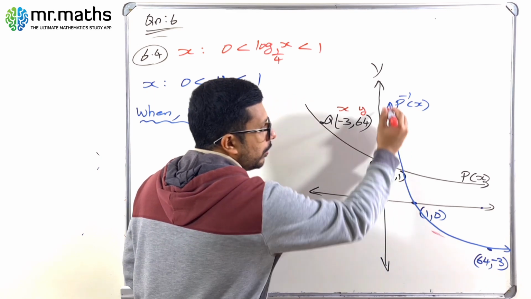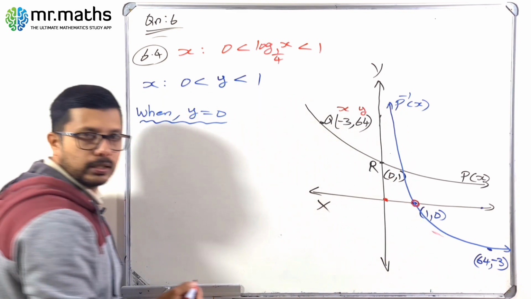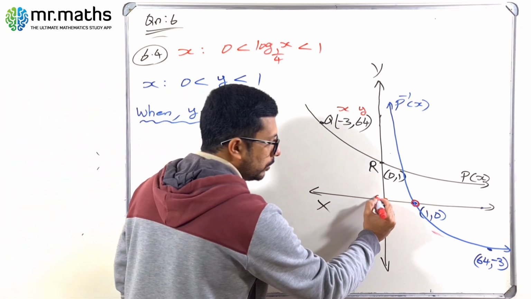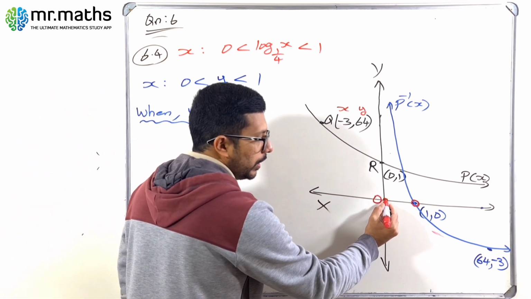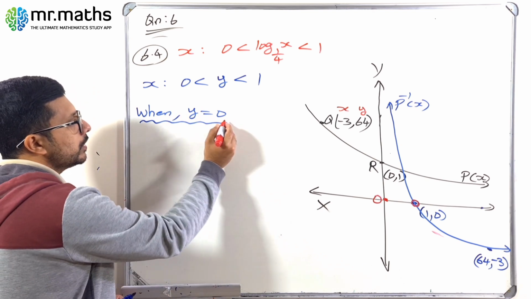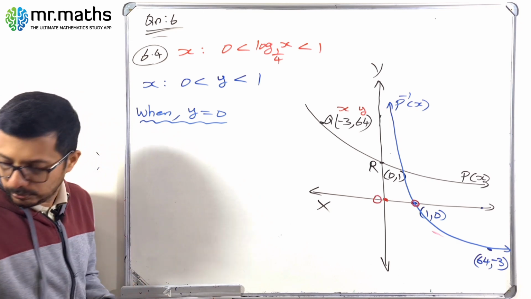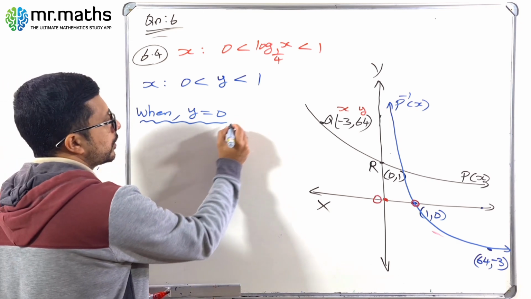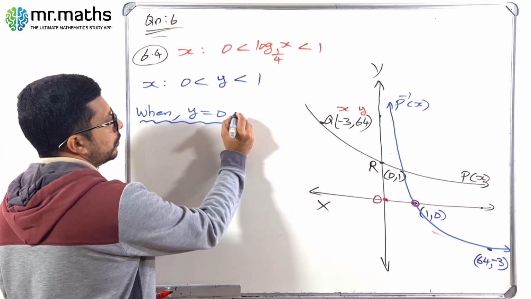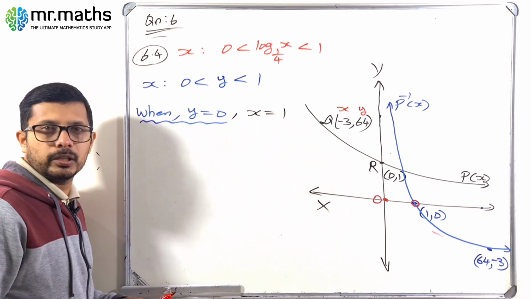So when y is 0, what is the x value? This 1. Positive 1. So when y is equal to 0, x is equal to 1. Let me write it like that.